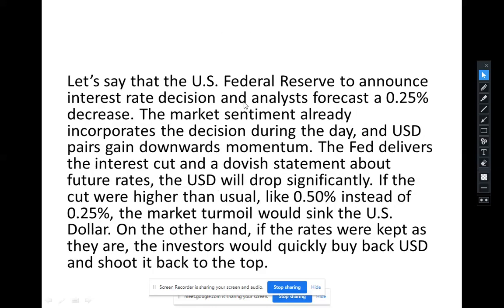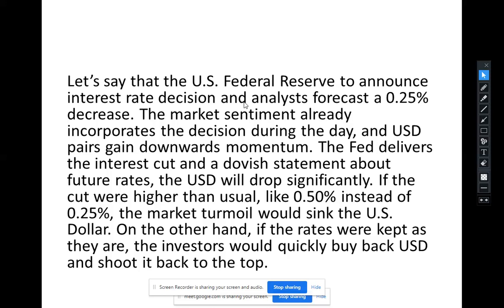Take for example, let's say that the US Fed Reserve is to announce an interest rate decision and analysts forecast that people who follow the news expect it to be a 0.25 decrease. The market sentiment already incorporates the decision during the day, and USD pairs gain downward momentum.